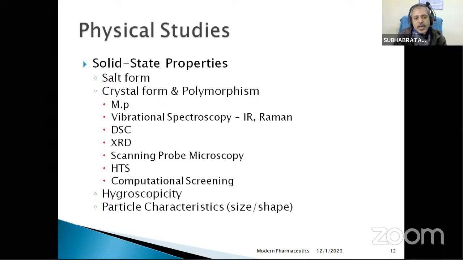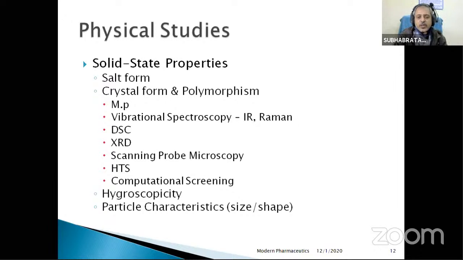However, there are other physical states of the dosage form, such as liquids and aerosols. So depending on the intended final dosage form that the company plans to market, the physical studies will also vary.